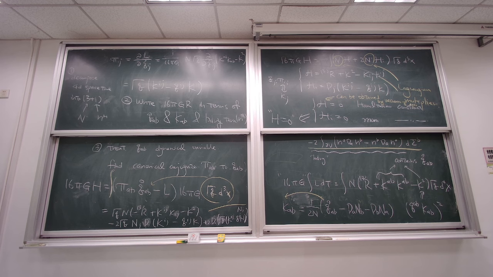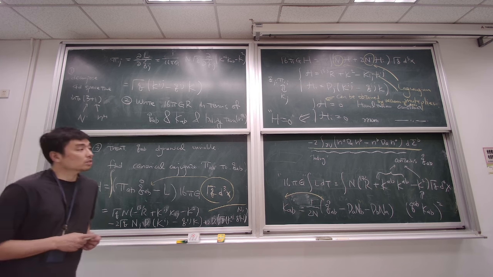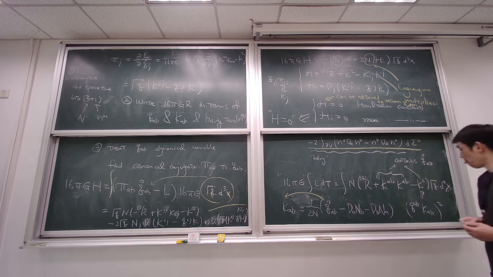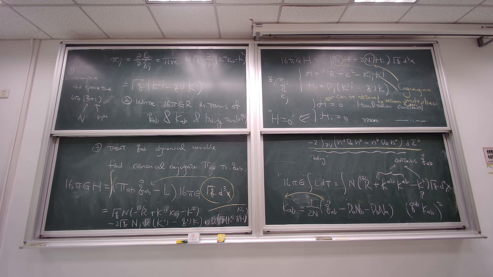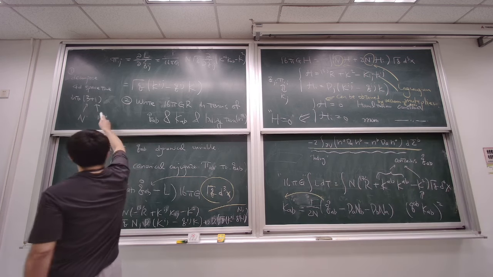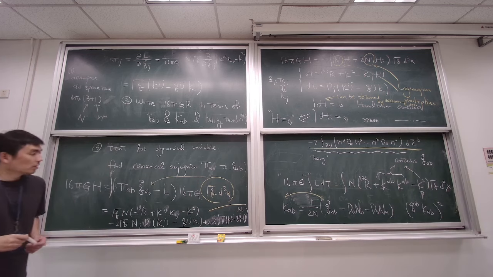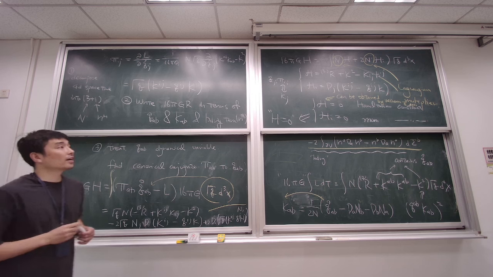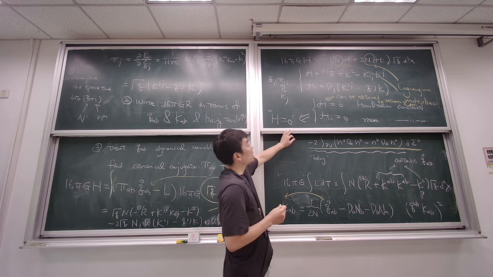Okay, shall we resume in that case? So far what we did is this step: 1, 2, 3, and then write down the Hamiltonian, which is given here.